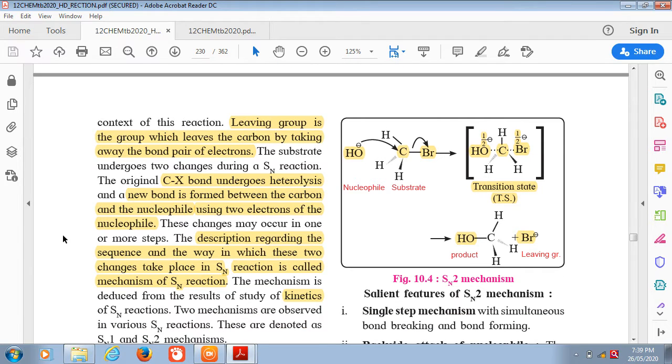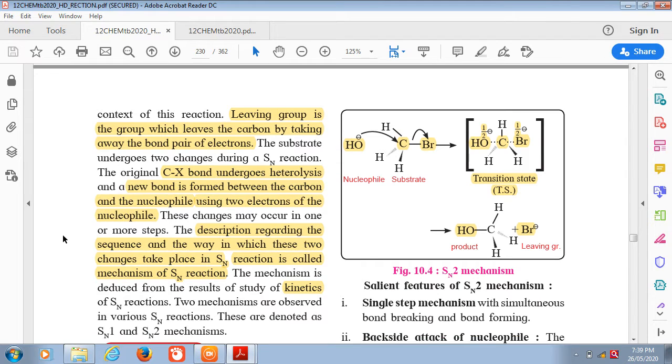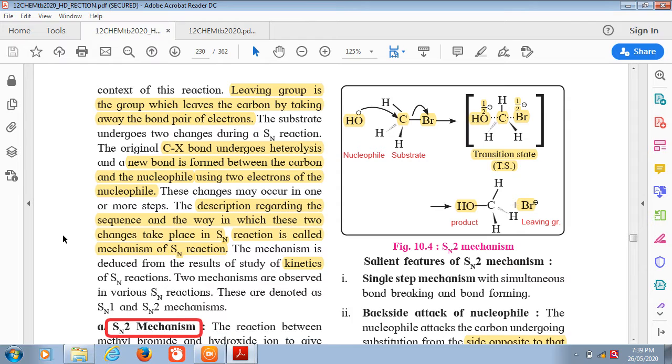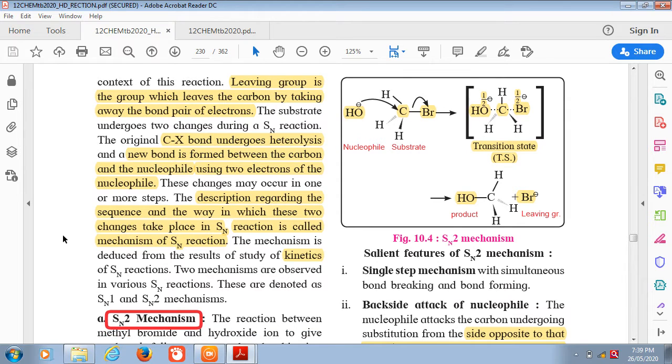These changes may occur in one or sometimes more than one step, and this description regarding the sequence and the way in which these two changes take place in a nucleophilic substitution reaction, that is SN reaction, is called the mechanism of the reaction.